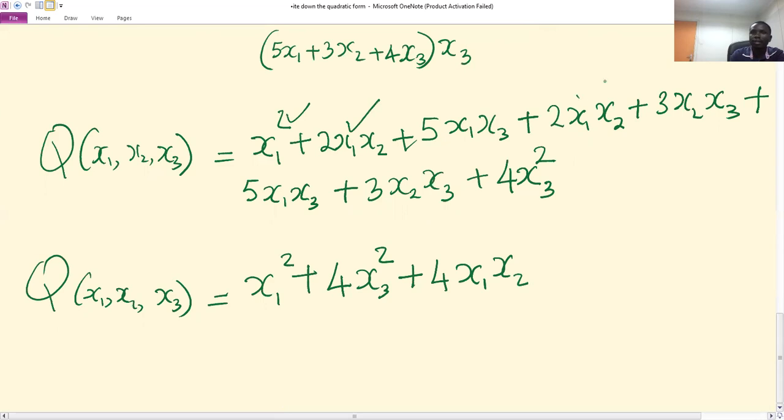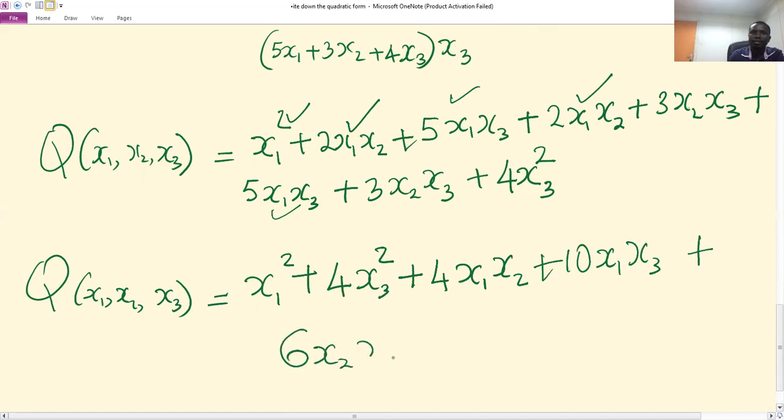Then x1x3 and x1x3, this and this will give us 10x1x3. And then this and this will give us 6x2x3. So therefore, that is the quadratic form for that given matrix.